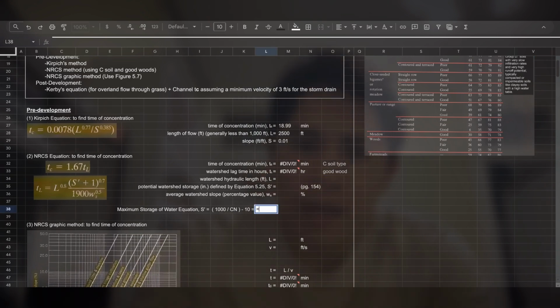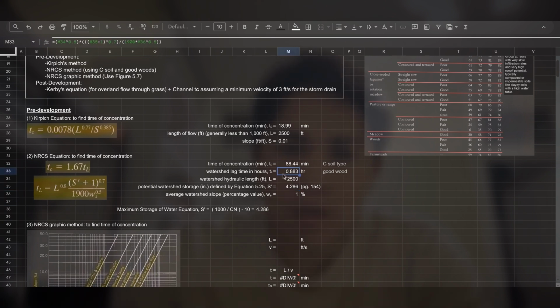So we plug that in here: S equals 1,000 over 70, which is our curve number, minus 10. That value is going to be our saturated storage. Our length is the same, 2500, and our slope in percentage is going to be 1%.